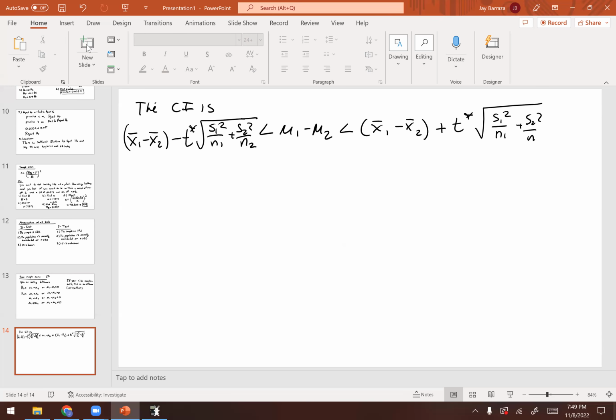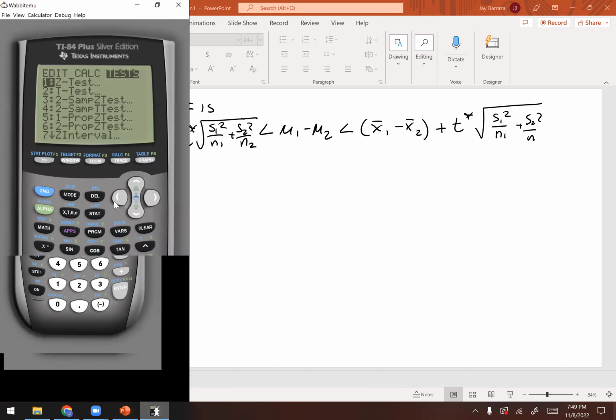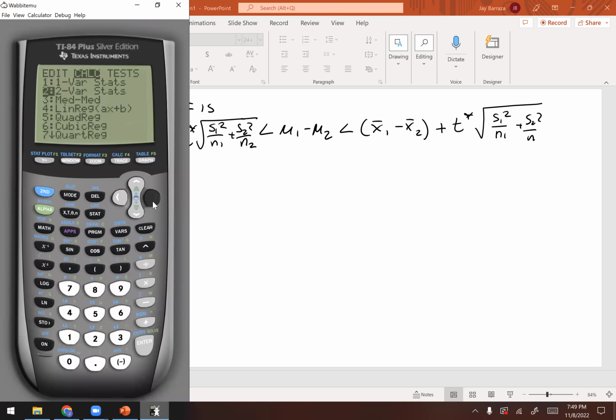But then again, your calculator does it too. Stat, test, to sample t interval. We didn't do z in this class, so don't worry about it.